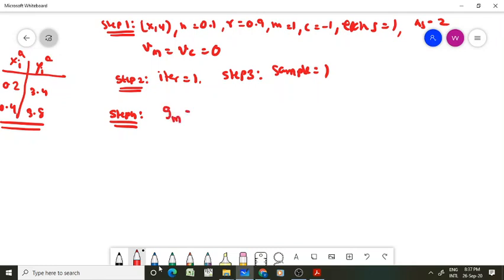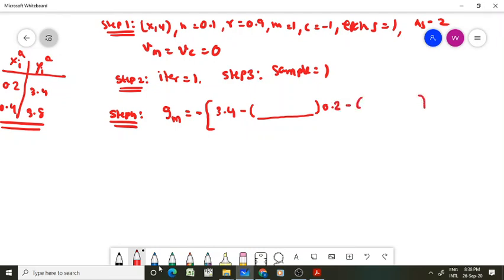Gm equal to minus, can anyone tell, minus yia, that is the 3.4 minus, this is the difficult task, what will it be here? Do you remember what will come here? Here the term into xia, right? xia means 0.2, here minus c.